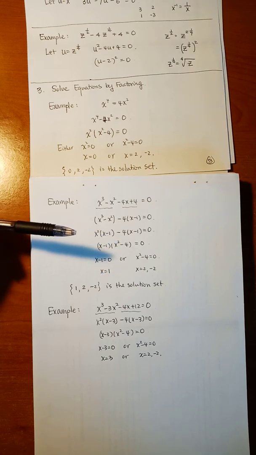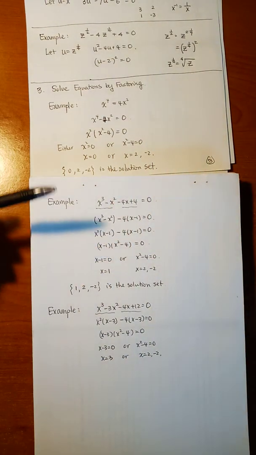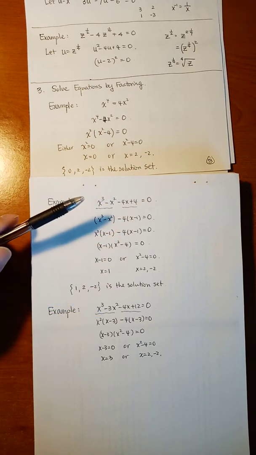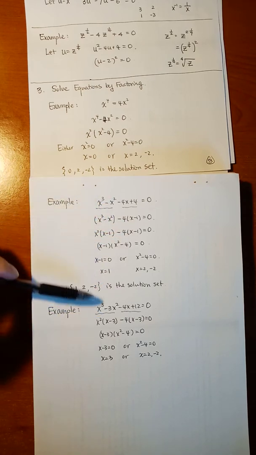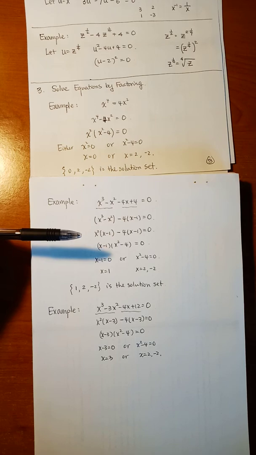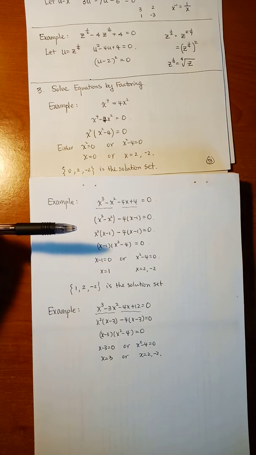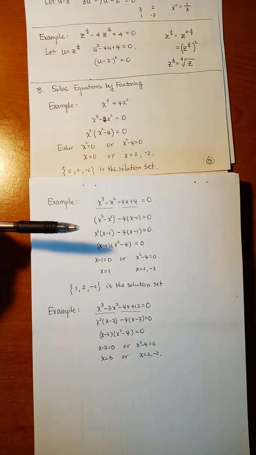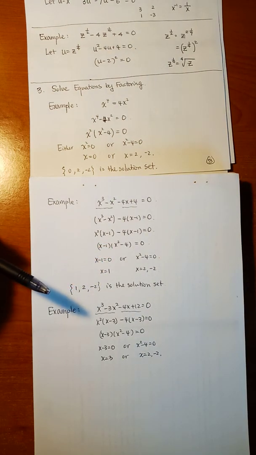Only a special type of equations can be factored, like this. In the recommended exercise part, you also have similar processes. So when you see those special equations, you're supposed to be able to solve them using our recommended techniques.